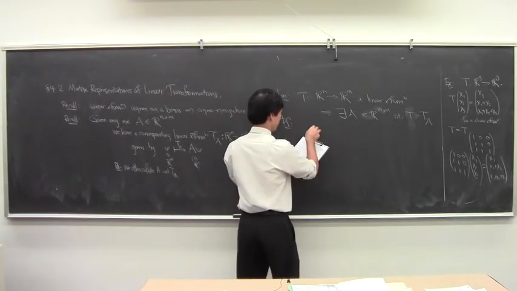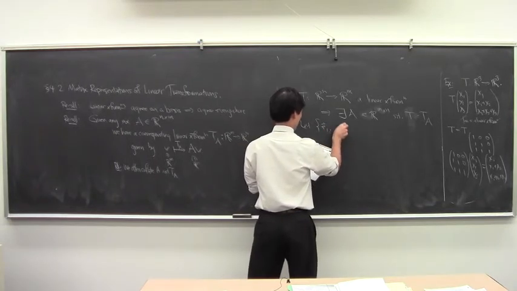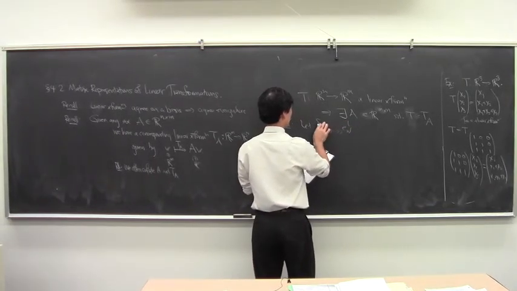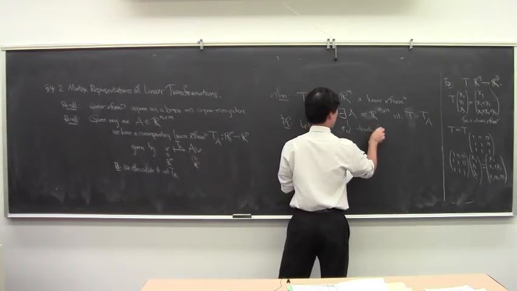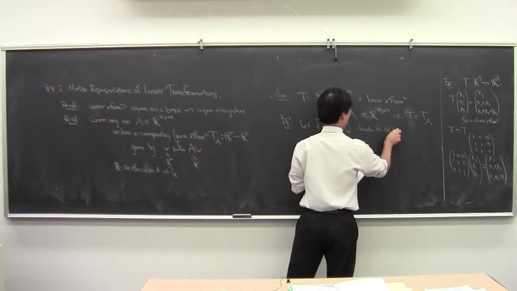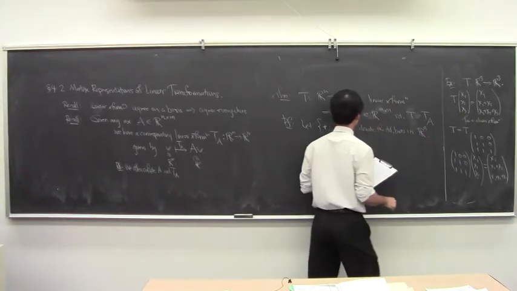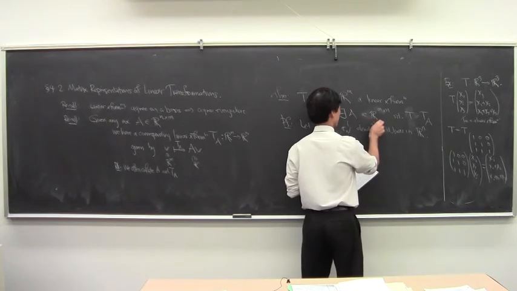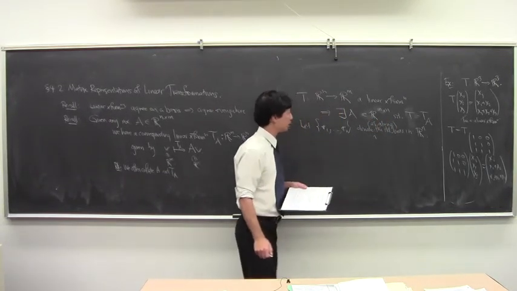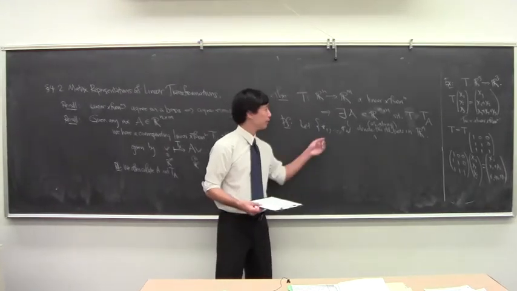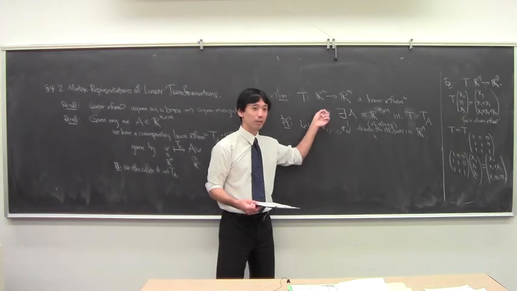Here's the trick. Let E1 to En denote the standard basis in Rn, as always. So E1 is the column vector 1, 0, 0, ..., 0.